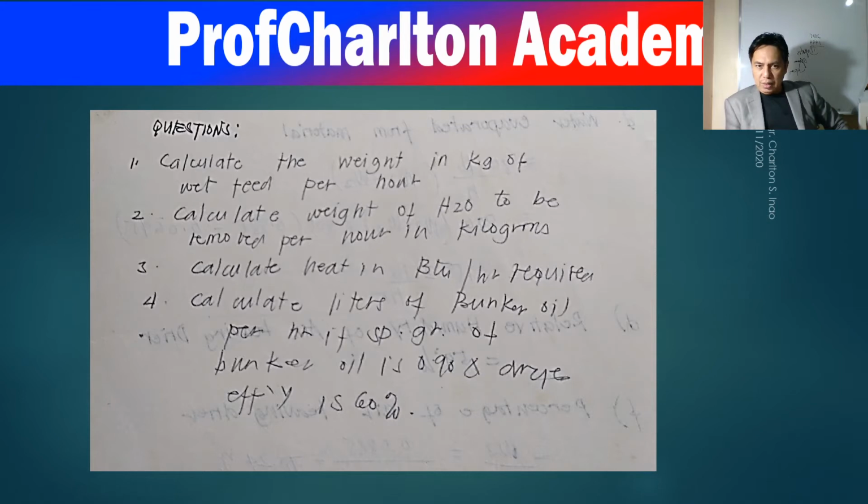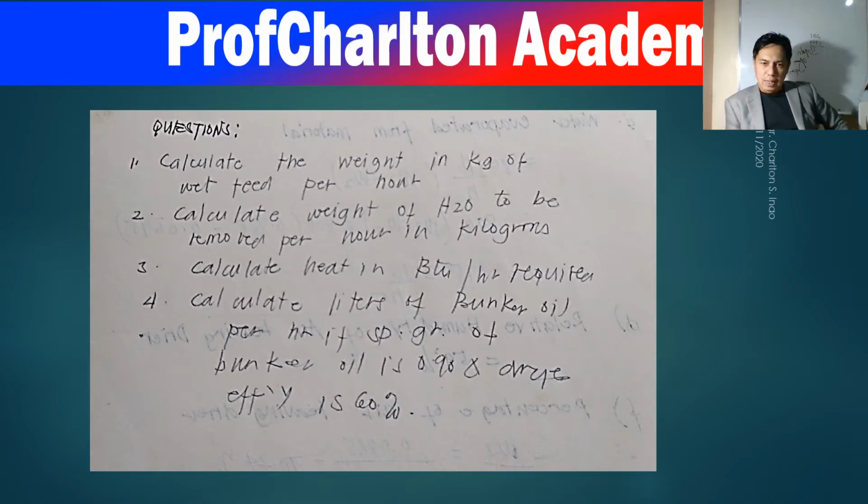Number three: calculate the heat in BTU per hour required, meaning the output of the heater that is required to be delivered to the dryer.